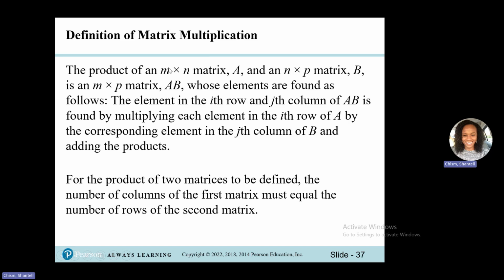It will end up being an M by P. The number of rows you have on A and the number of columns you have on B will give you the size of the product. And you take the rows of the first one and multiply them by the corresponding elements of the columns of the second one. And for the product of two matrices to be defined, the number of columns of the first matrix must equal the number of rows of the second matrix.